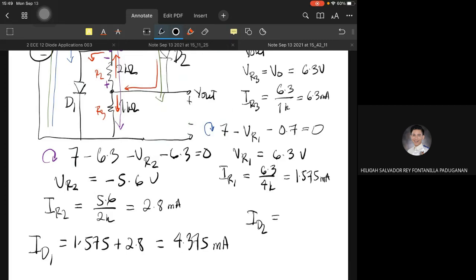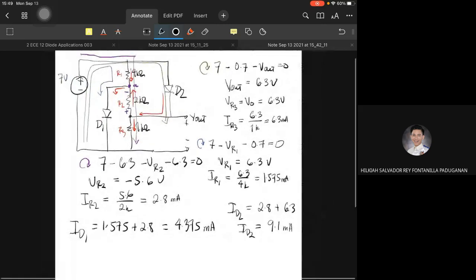IR2 is 2.8, plus IR3, which is 6.3. So ID2 is 6.3 plus 2.8, which is 9.1 milliamperes.